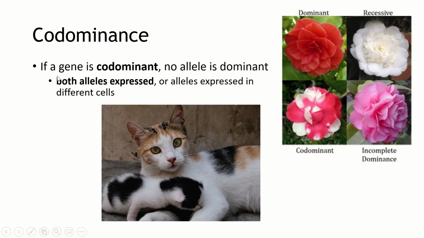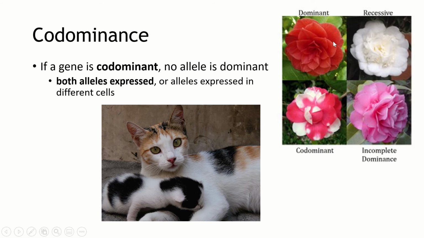Another form is codominance, and this is where no one allele is dominant over another allele. So here are some flowers, and in this example, red is dominant and white is recessive. You get a dominant red gene and a recessive white gene. If it were just the red and the white, we would expect, if we crossbred them, to get 3 reds and a white in the second generation.